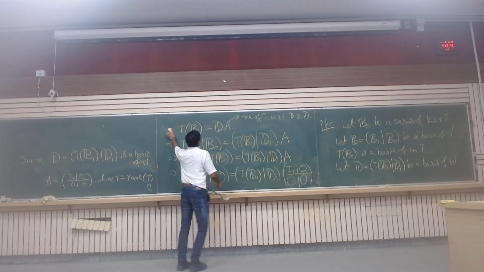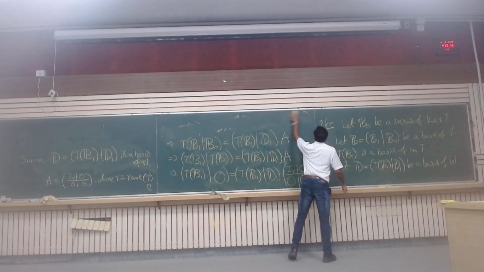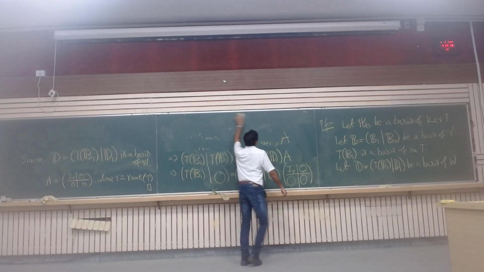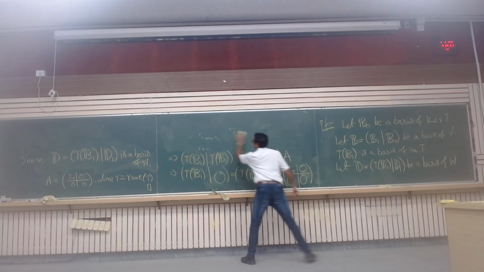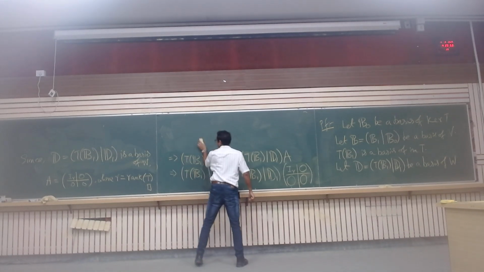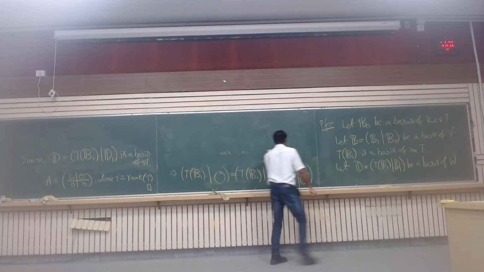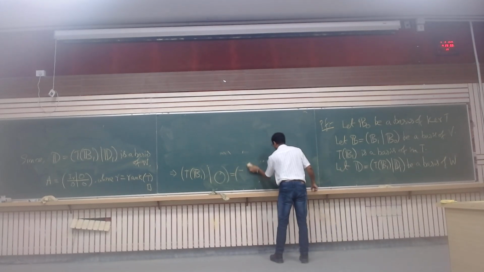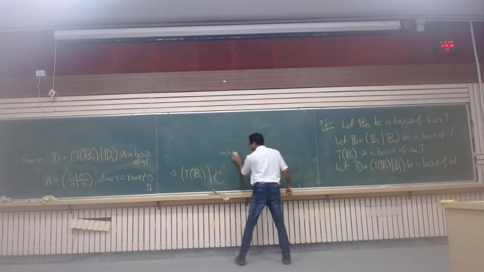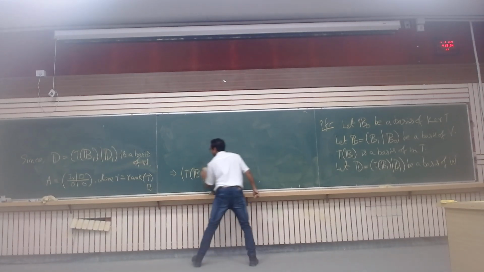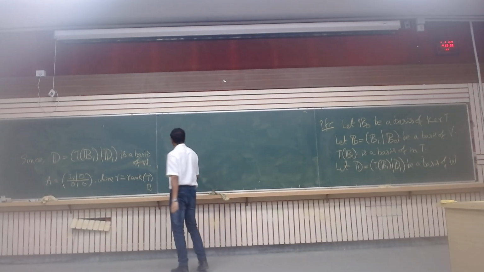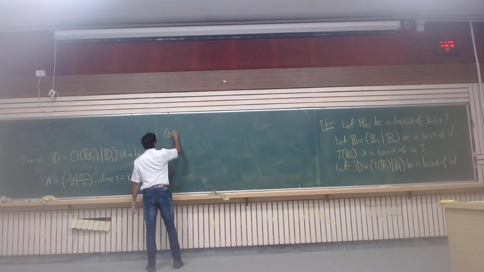Okay, just 1 minute. I want to wipe this out and write down the corollary of this. The last corollary that we see before the midsem. Okay, so here's a corollary.